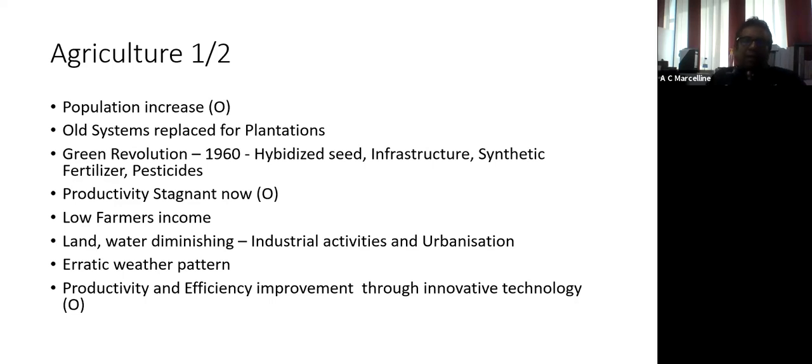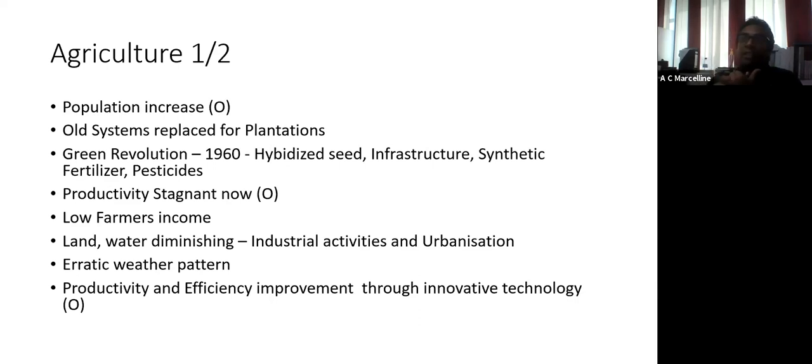Yeah. Land and water are diminishing. So you can see why they are diminishing. Industrial activities and urbanization, that's why they are diminishing. Why are they going into industrialization and urbanization? Because the return they're getting from the land they have is not enough. So that means they don't know how to get the best out of the land.